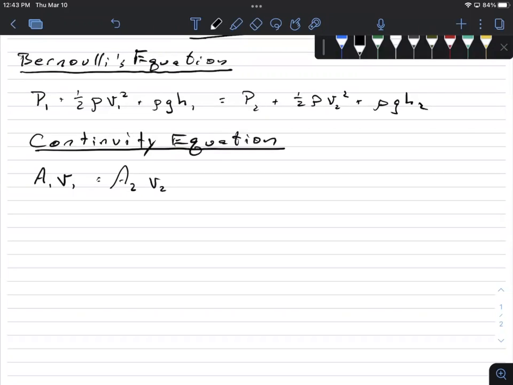Well, if the air on top flows faster, that means the pressure or the force that pushes on it is less than the pressure or the force that pushes on the bottom. Well, if you have more force on the bottom pushing up than you do on the top pushing down, that just means you're lifting up the airplane.